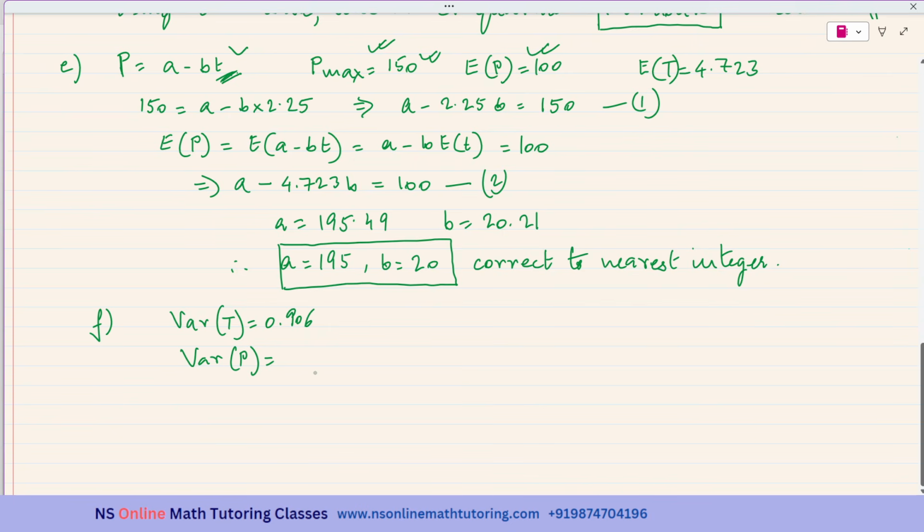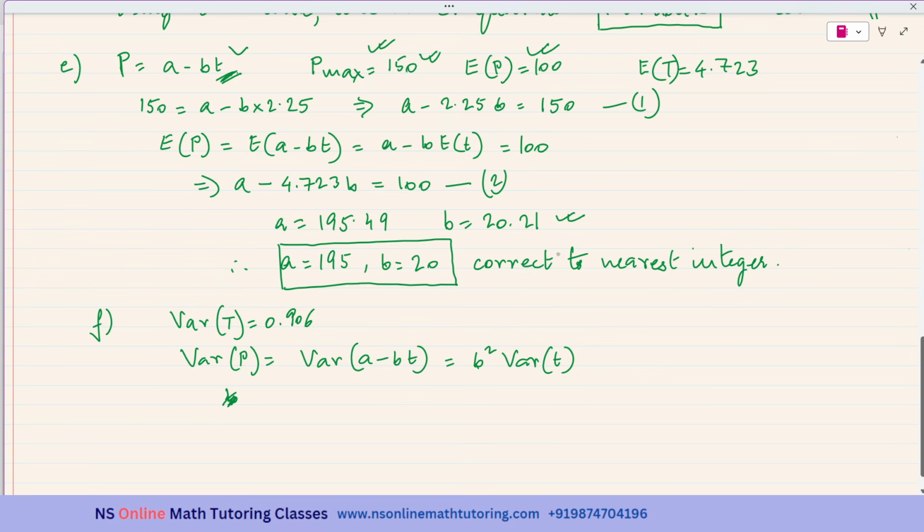Variance of P should be equal to the variance of A minus BT. So this should be equal to B squared times the variance of T. These are given in your formula booklet. And in place of B, I have to write its value.